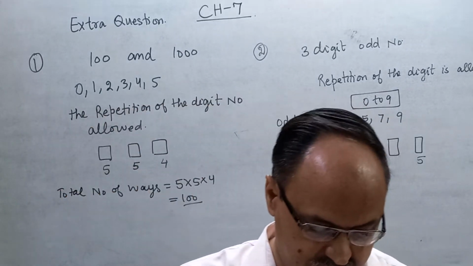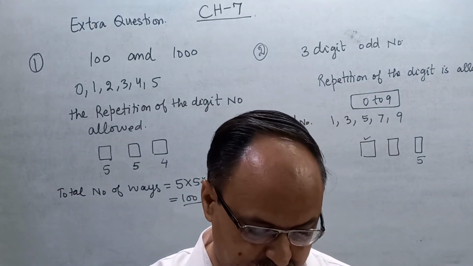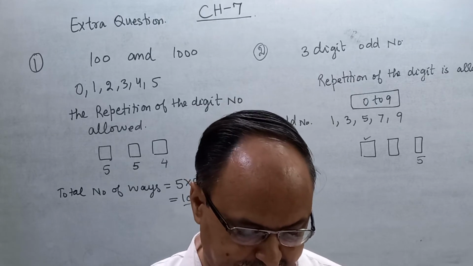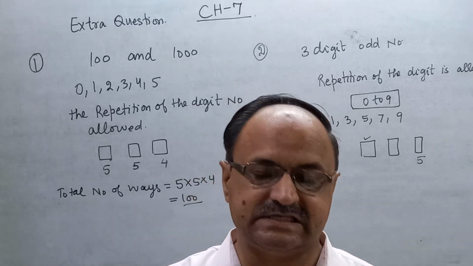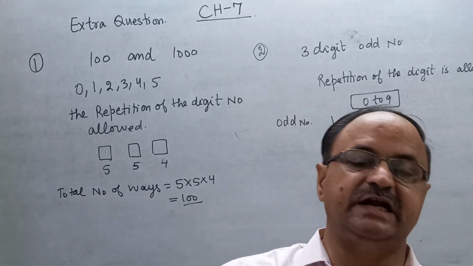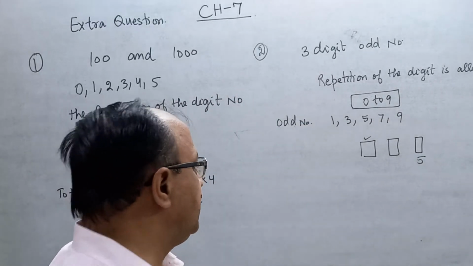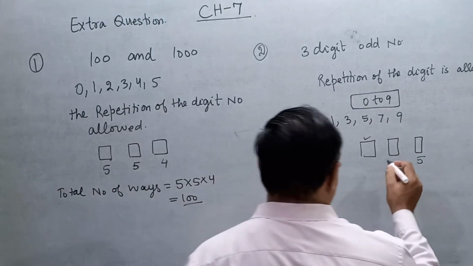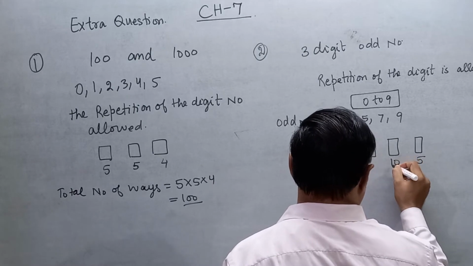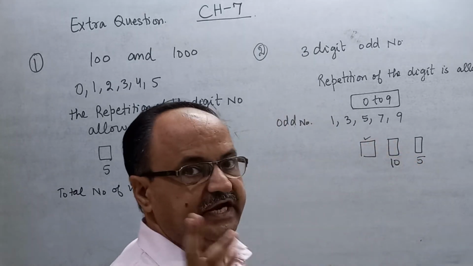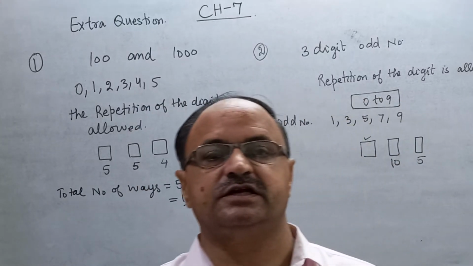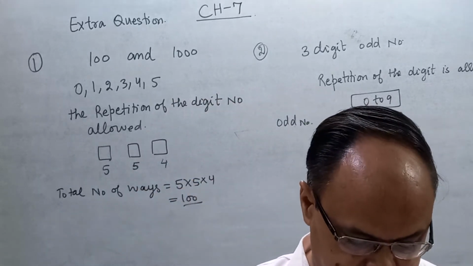Correct? The unit place you can fill in 5 ways, and the tens place can be filled in 10 ways, because from 0 to 9 there are 10 digits. Clear?